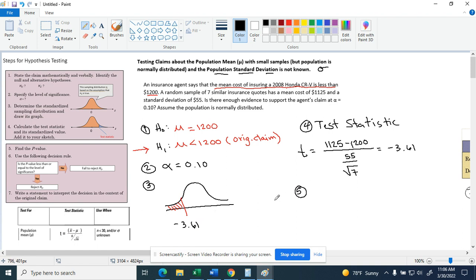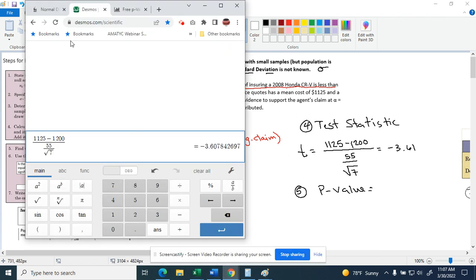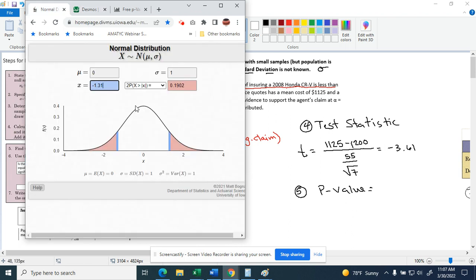Step number 5, if you look at the steps here, says calculate the p-value. The way you calculate the p-value is using one of the statistical calculators we use in this course. The main thing is when you're working with T, look at step 4, the formula says T, the calculator you're using is not the normal one.